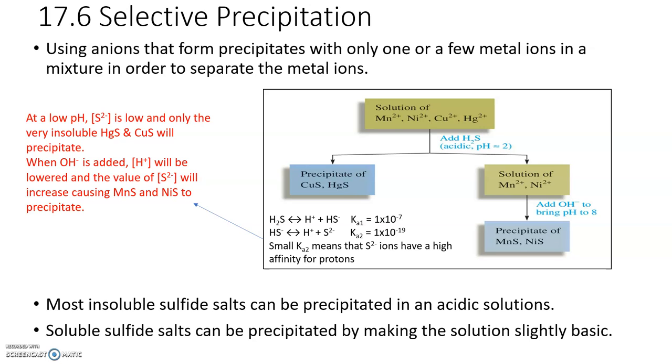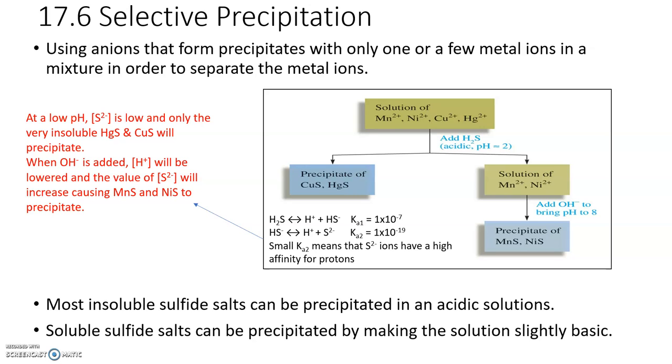So if you take a class in college, I did this in a class called quantitative analysis. And so basically you get a solution that has a whole bunch of ions in it, and you're trying to separate all of the ions to figure out exactly what's in this giant mixture of things. And so in order to do that, you use what's called selective precipitation.